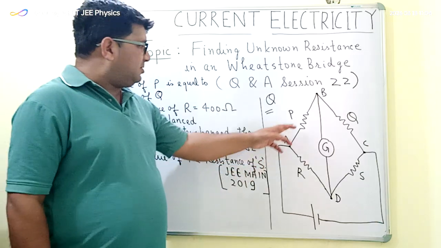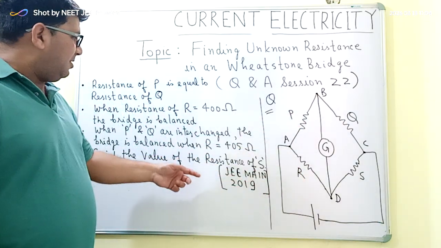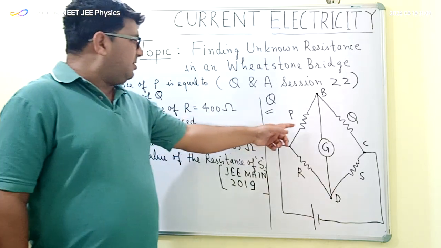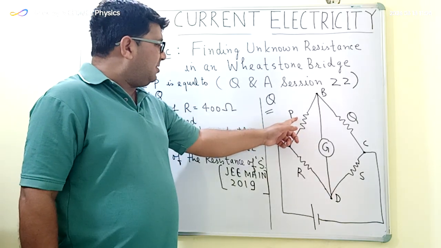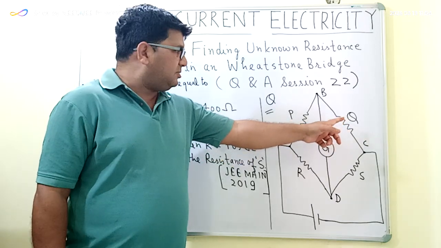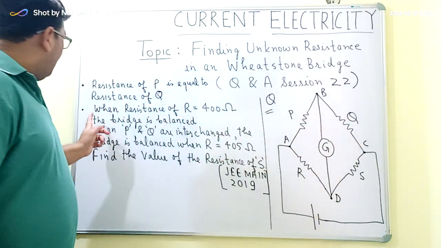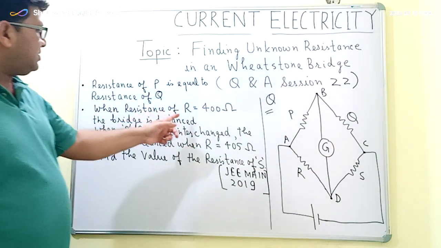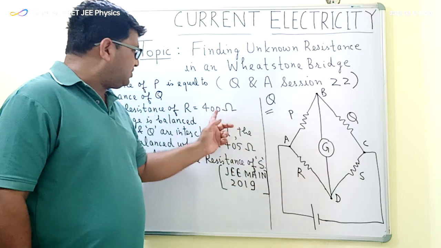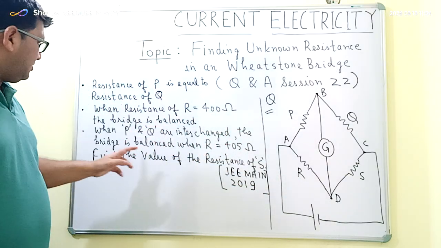So this is the Wheatstone bridge which was provided in the question, and the question here is that the resistance of this resistor P is equal to the resistance of this resistor Q, and when the resistance of this resistor R is equal to 400 ohm, then this Wheatstone bridge is balanced.